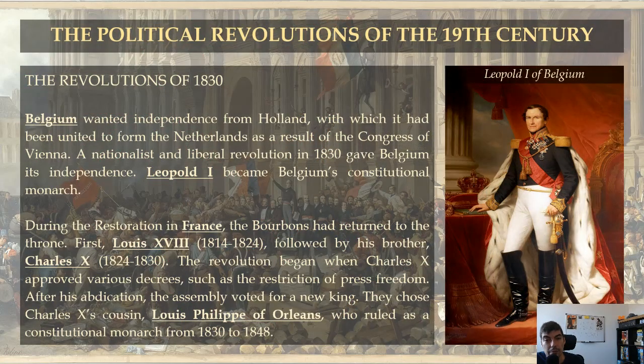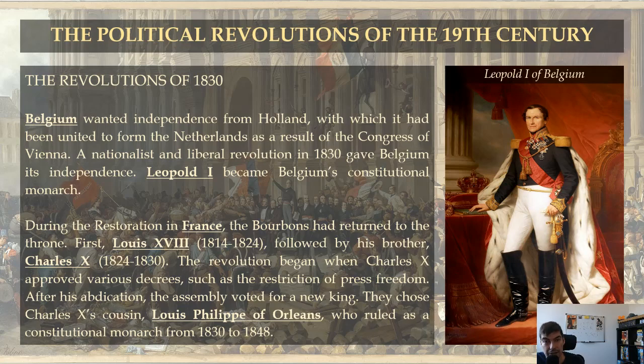Then the revolutions of 1830. They were successful in Belgium and in France. Belgium was part of the Kingdom of the Netherlands, as we saw after the Congress of Vienna, and the Belgians wanted independence from Holland.